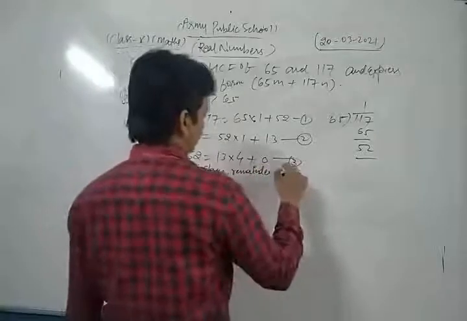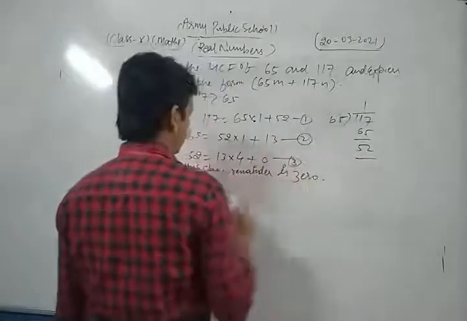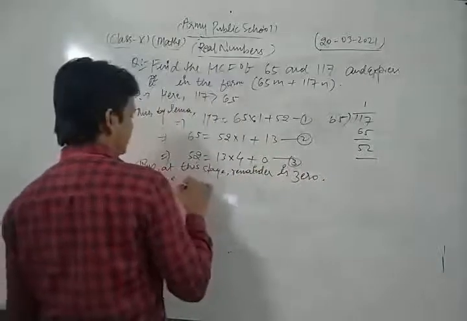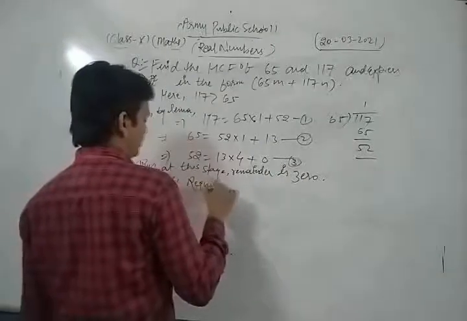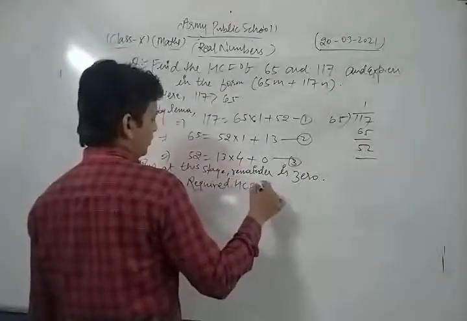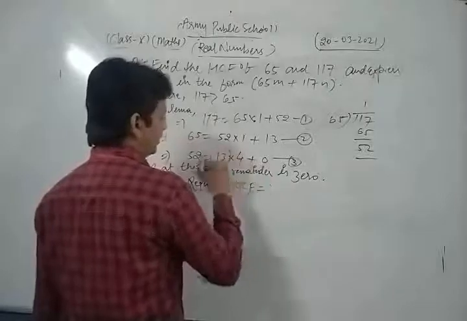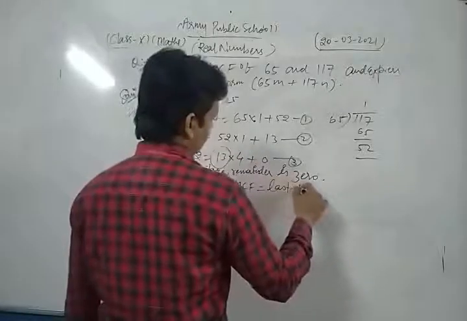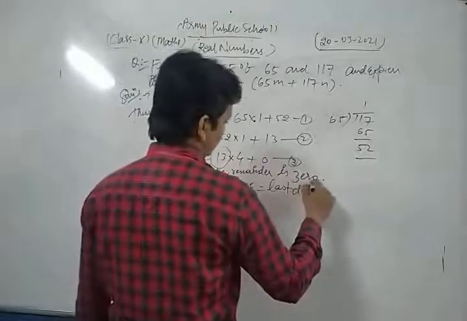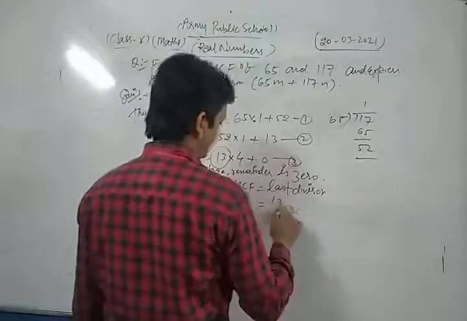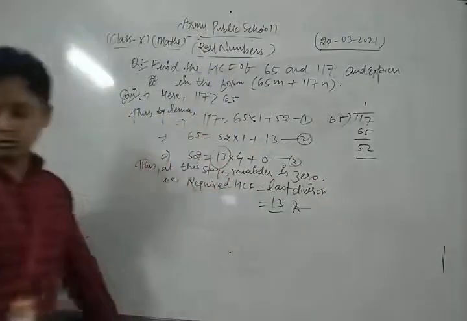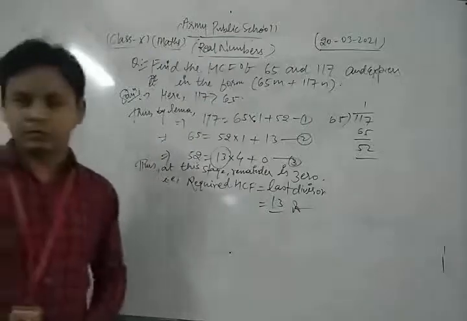The required HCF is the last divisor, that is 13. This is the first answer. So in this way we solve the first part of the given question.